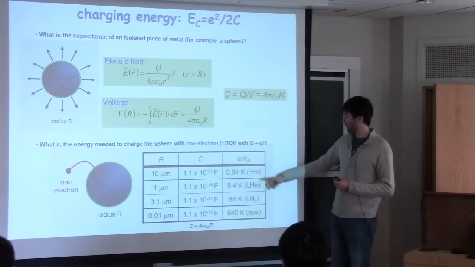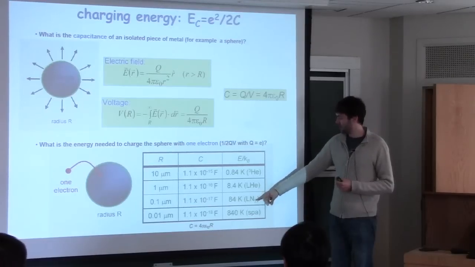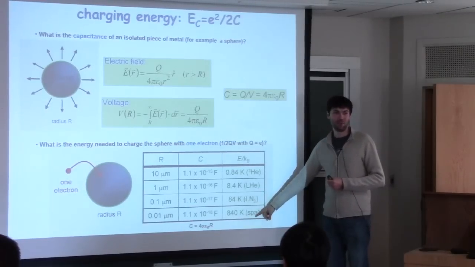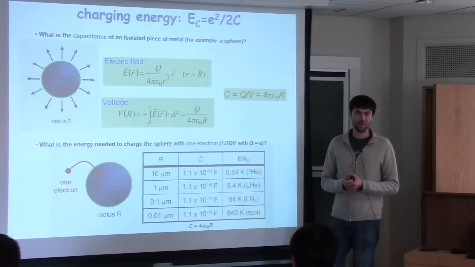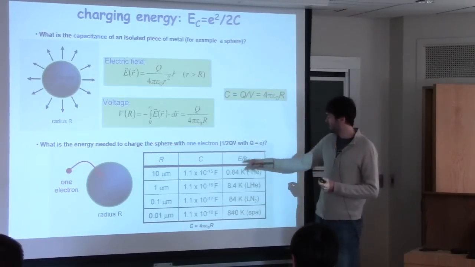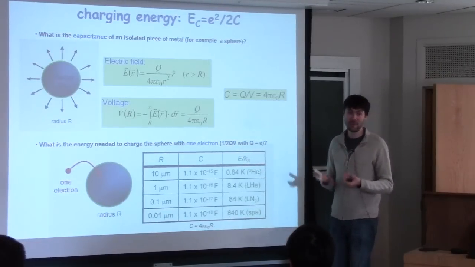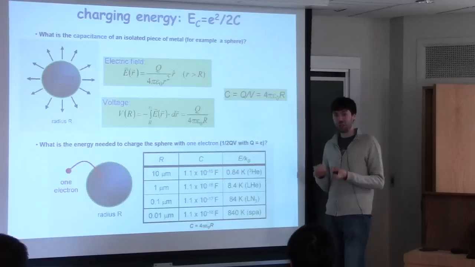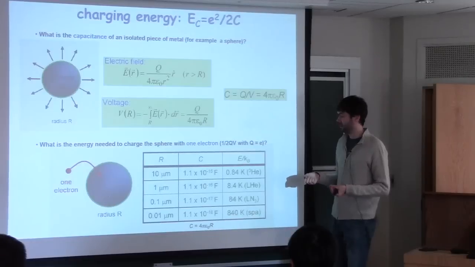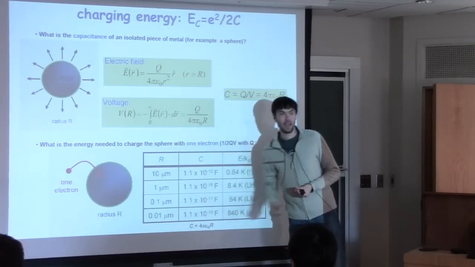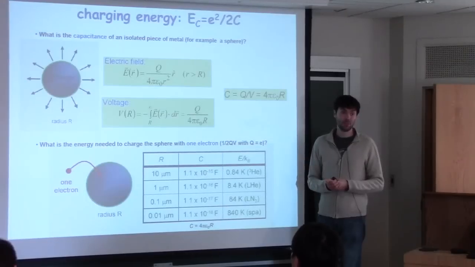You would use a helium-free refrigerator, or just put it in liquid helium or liquid nitrogen, and at the small end you actually have to heat it up to overwhelm this energy scale. A comparison between charging energy and temperature is very useful, because it tells you at what temperature you will see charging effects from adding single electrons to such islands. If you take a very small island, 10 nanometers, charging effects will be very, very strong.